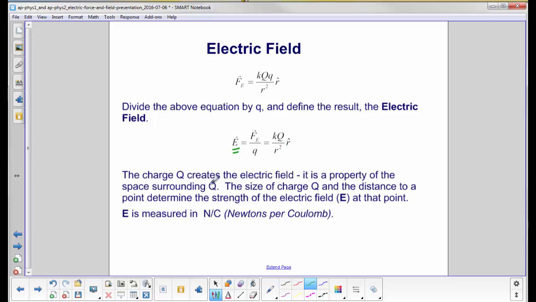The charge, big Q, creates the electric field. It is a property of the space surrounding Q. The size of charge Q and the distance to a point determine the strength of the electric field at that point. The electric field is measured in newtons per coulomb, right? Force over charge, newtons per coulomb.